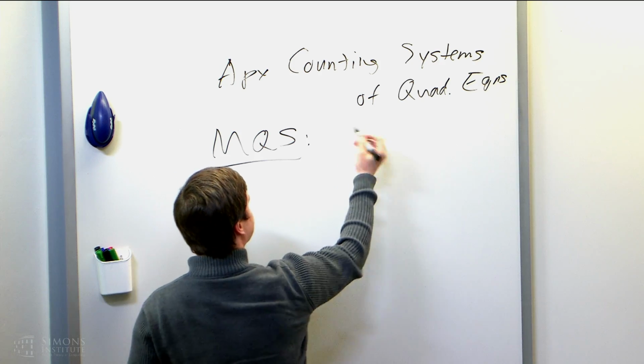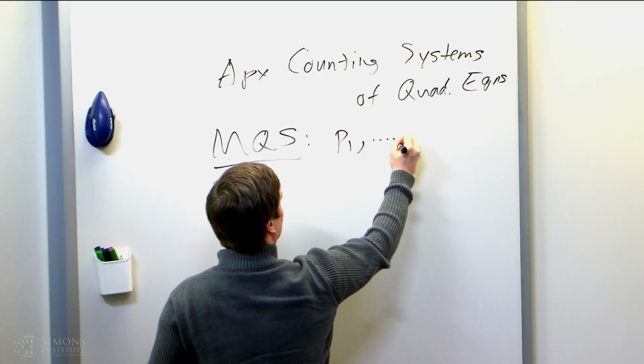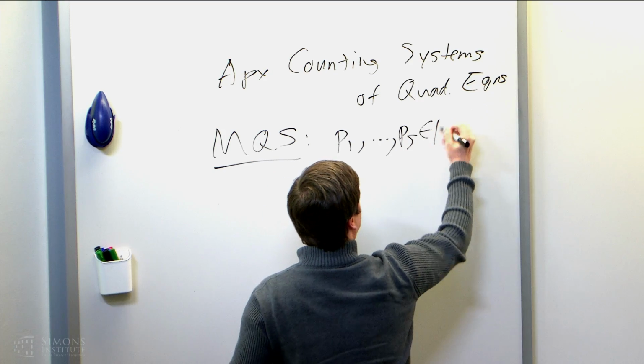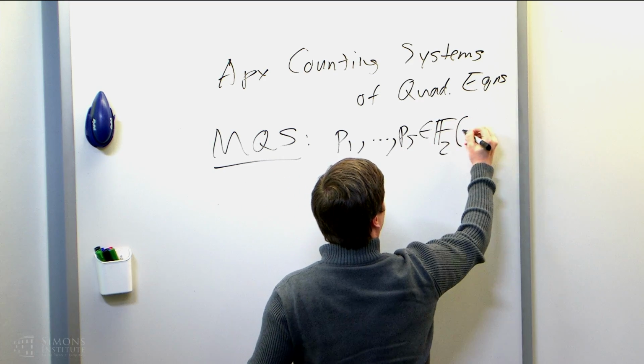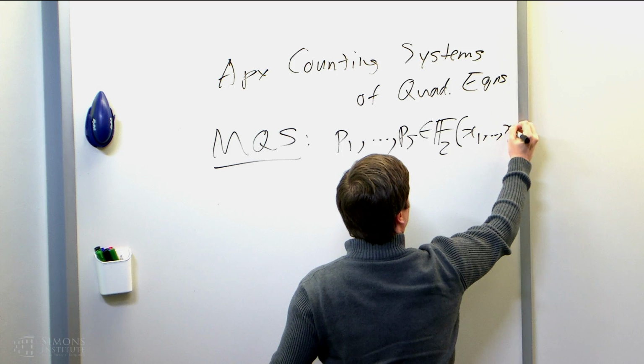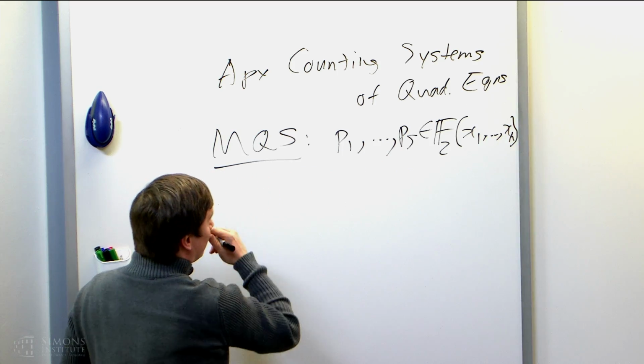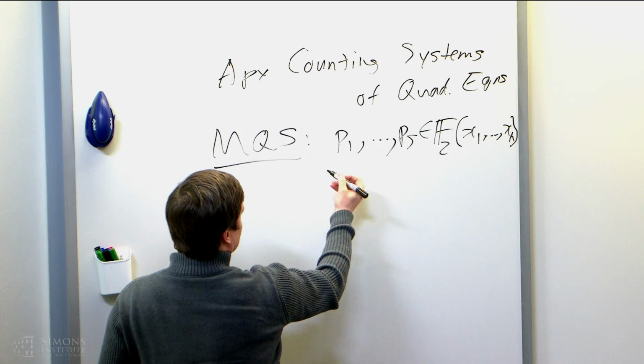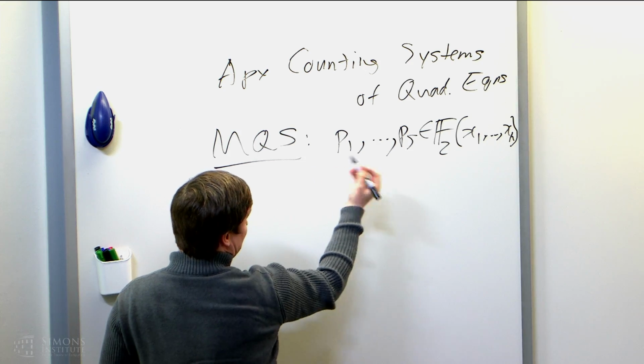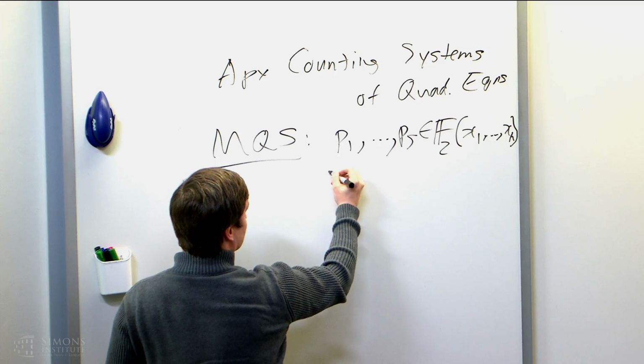So you're given some polynomials, P1 through PS. They're F2 polynomials in n variables. And usually you just want to know, is there some satisfying assignment to all of them.